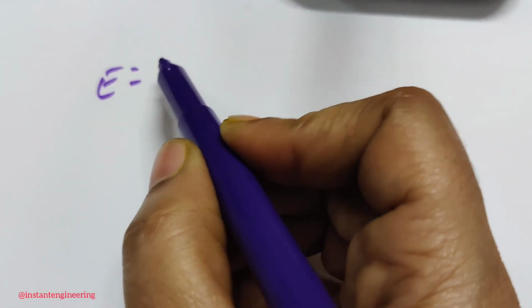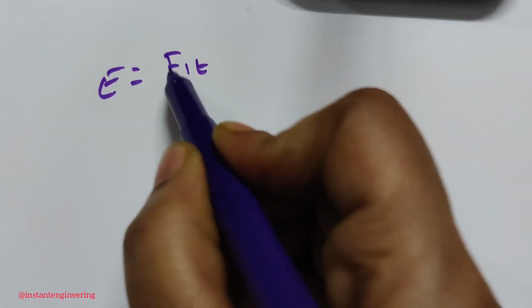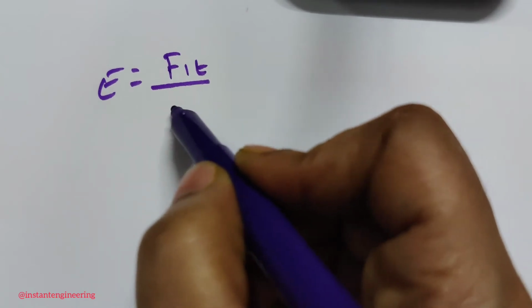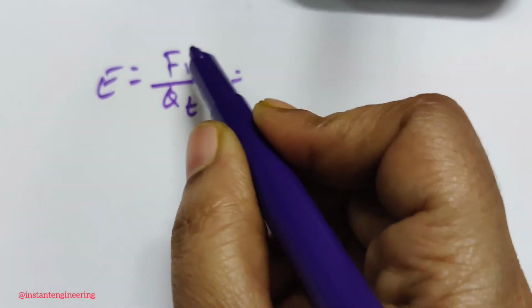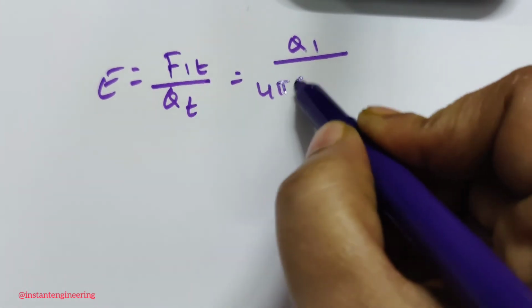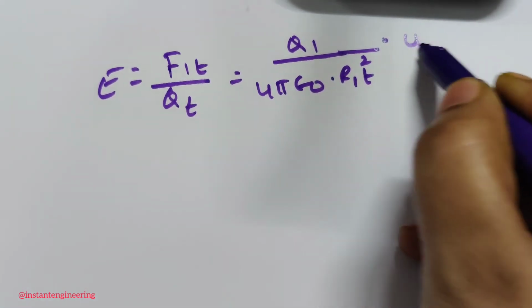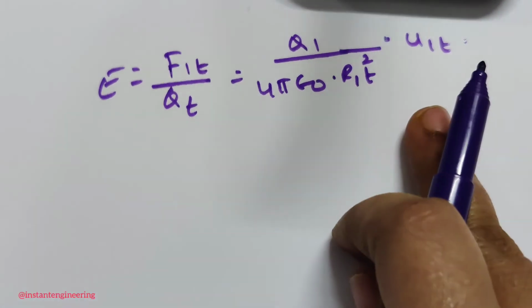So you can write it as E is equal to F1t divided by QT. Okay, so F1t we got as Q1 by 4 pi epsilon naught R1t square into U1t. That is nothing but this one.